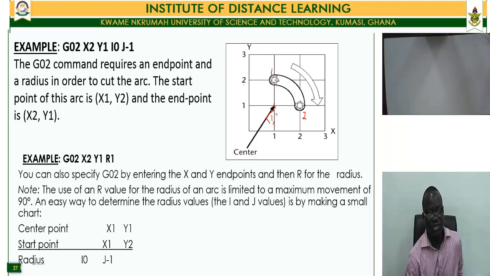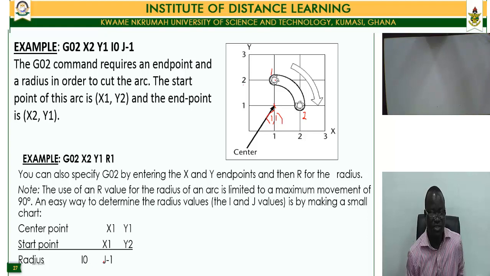Then we attach the vector coordinate system to it, which is I and J. I is for X and J is for Y. If you remember your vectors, you have I, J, K representing X, Y, Z. In this case we have X and Y coordinates, so we just attach I and J to show the radius as I 0, J minus 1.